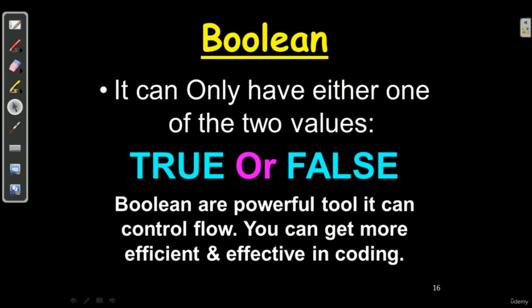And trust me, that is the most powerful tool that controls the flow of your code. And it makes you an efficient programmer and helps you to do effective coding. Like if we put some condition, let's say we have a condition that go left if yellow board comes and go right if the red board comes.